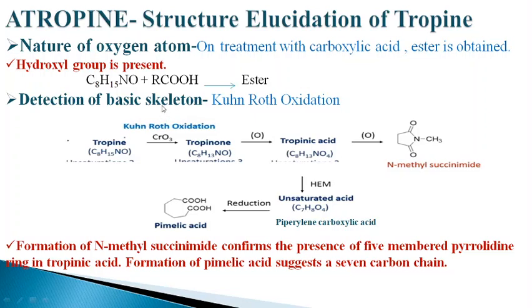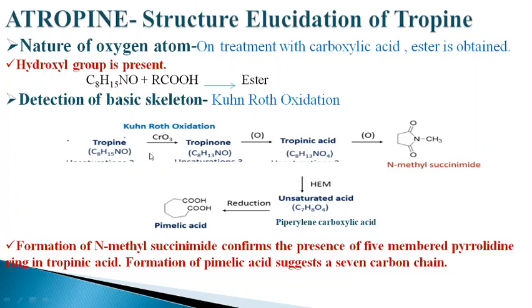Next step is the detection of the basic skeleton. This is done by the oxidation method or oxidative degradation method, which determines the nature of the skeleton present in tropine. Tropine on treatment with chromic acid forms tropinone. As you can see, the number of carbon atoms in tropine and tropinone is the same.